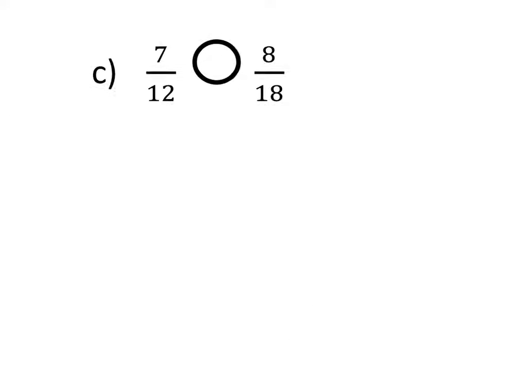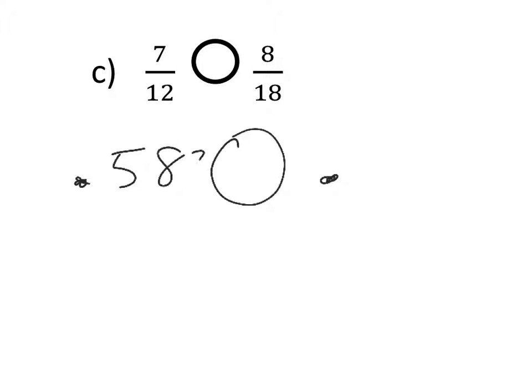Letter C, there is no mixed number, or no whole number, so both of these are decimals. So I don't know the two decimals, I don't know the symbol. So again, calculator, we're going to do 7 divided by 12 is 0.583 repeating, and 8 divided by 18 is 0.4 repeating.